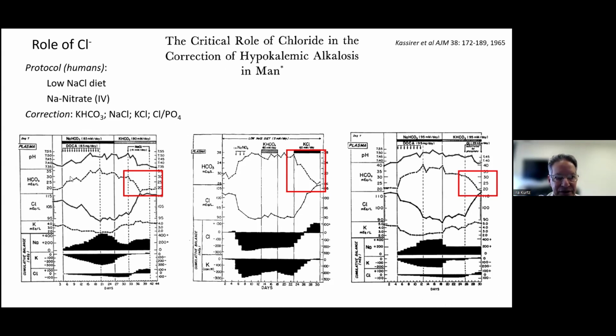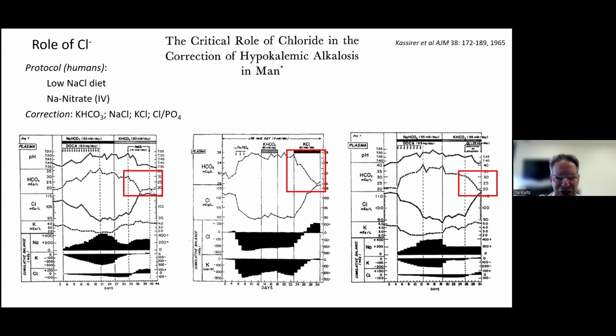I'm not sure exactly when they gave the nitrate here, but at any rate, they created the metabolic alkalosis. And then they gave sodium chloride back, and you could see how it recovered here.